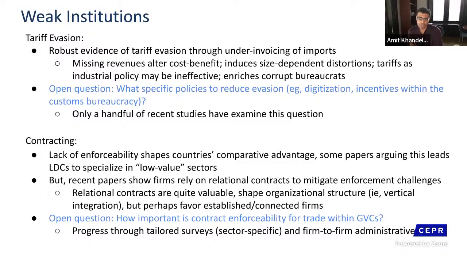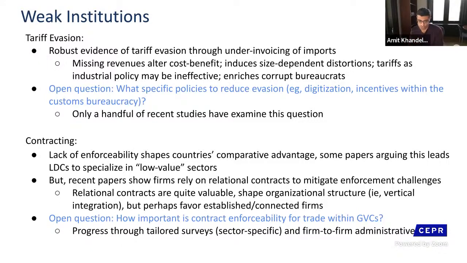And some papers have argued that this can lead lower income countries to end up specializing in quote unquote low value sectors, where different papers have different meanings of the phrase low value sectors, and this paints a pessimistic picture of what happens if a country changes its trade costs in the presence of weak contract enforcement. On the other hand, a recent set of interesting and exciting papers are establishing that one way in which firms in developing countries mitigate these enforcement challenges is to rely on relational contracts.